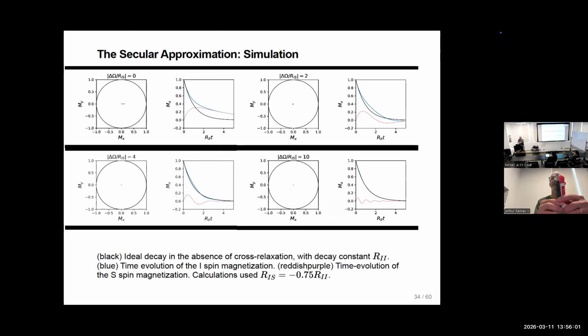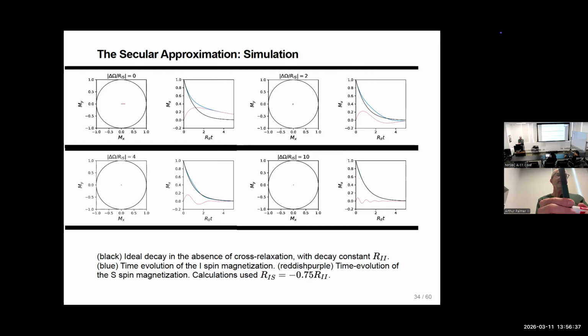When both magnetization components or both coherences are pointing in the same direction, cross relaxation is happening. So coherence is being transferred from, in this case, the black pen to the red pen. But when the frequencies aren't identical, we start to get a phase difference between the red pen and the black pen due to the relative shift difference.